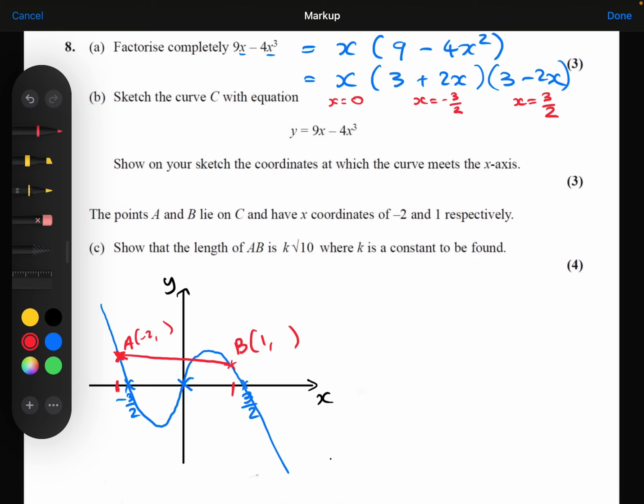Right, so let's work out the y coordinates of A and B, and then I can work out the length between them. To do that, let's focus on B first of all. I know the x coordinate is 1, so if I substitute 1 into my function to work out the y coordinate, I'll get 9 times 1, which is 9, minus 4 times 1 cubed, which is 4, and I find that the y coordinate is 5.